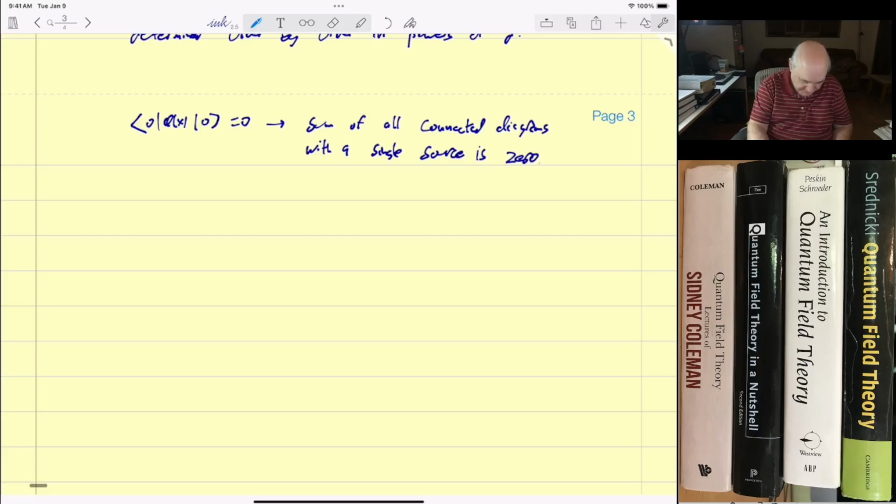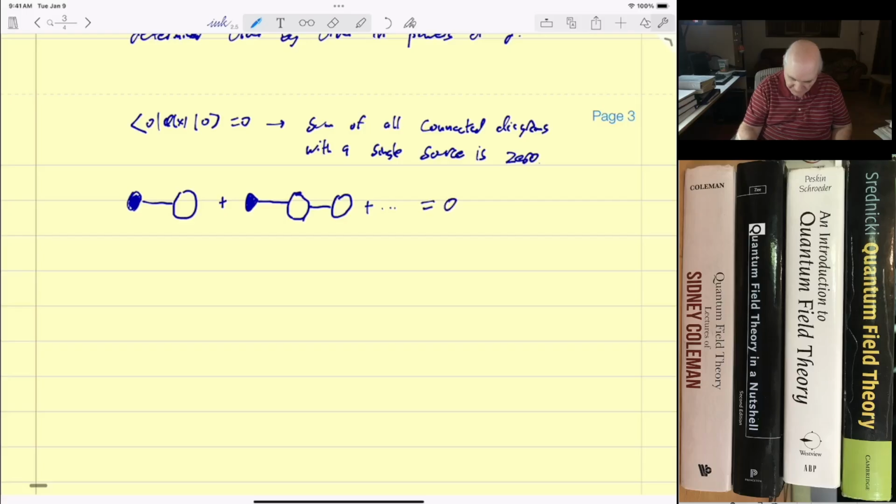So you could think of having a single source here, and then we can have this diagram which we calculated, and then we can have another diagram with a single source that goes like this, but we can add another bubble here if we want, and so on. When we add all these up, the sum of all these diagrams is equal to 0.